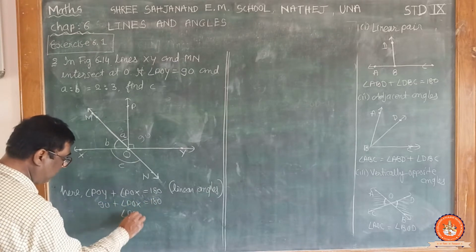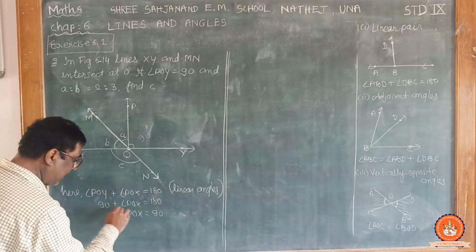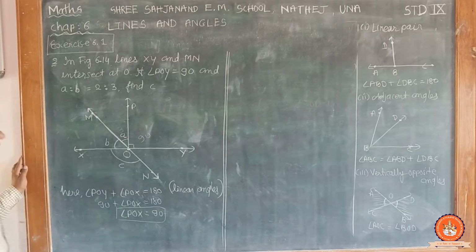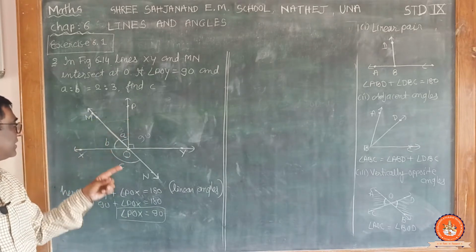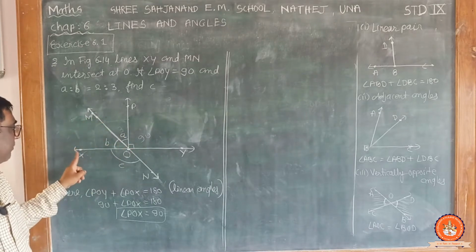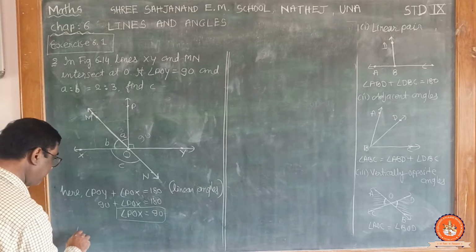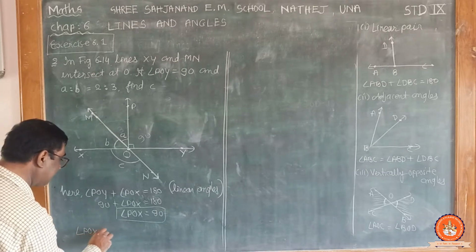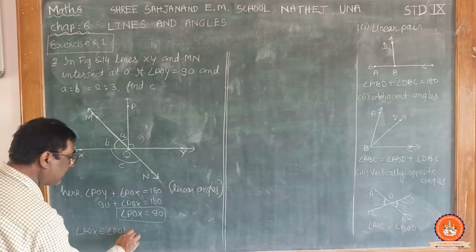So in short, POX will be 180 minus 90, that is 90. Okay. Now POX is the sum of two angles, that is POM and XOM. Now POX is equal to POM plus XOM.